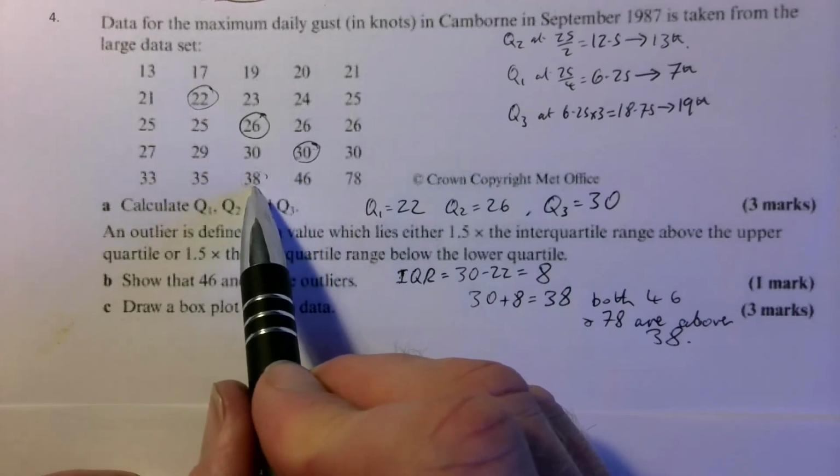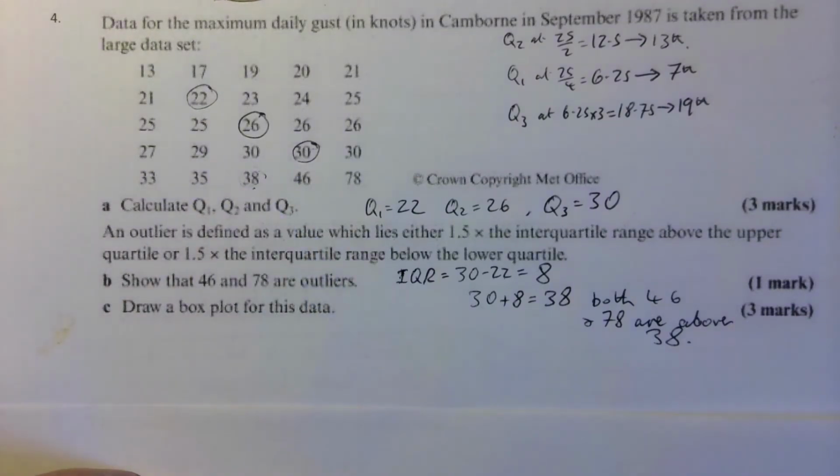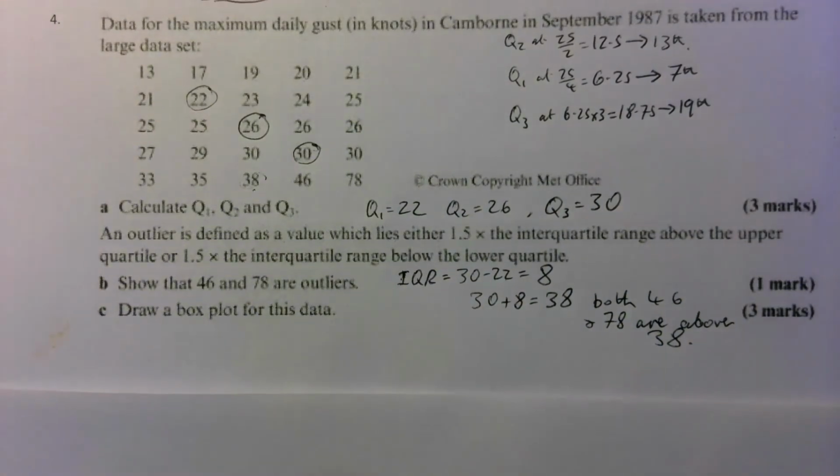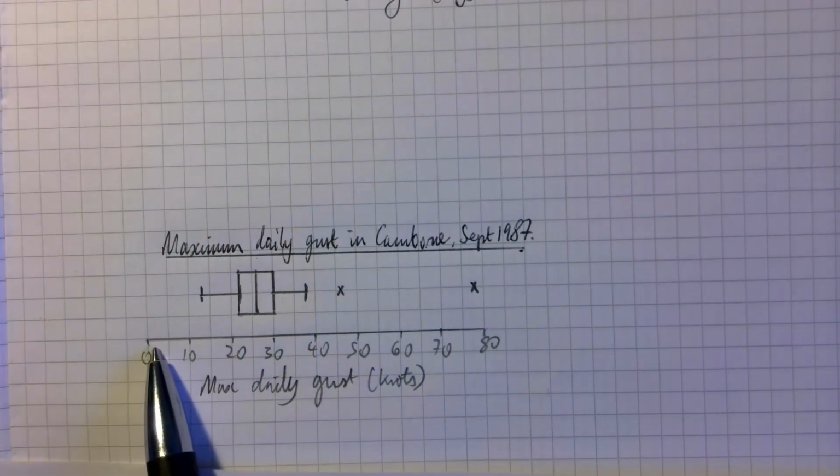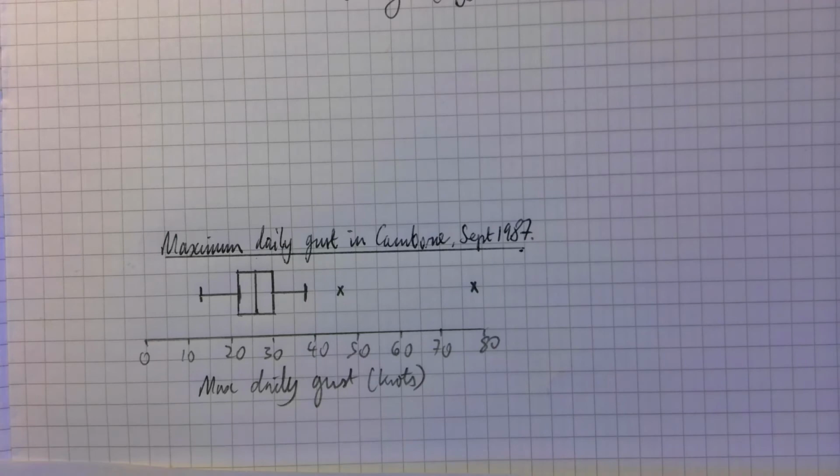Now when it comes to drawing a box plot for this data, you use the biggest value that they've got as your upper value on the normal whisker of your box plot, and the 13 as the lower. And these two will be plotted as outliers. I will show you what I've done. So here you go. You need a scale that's nice and even.